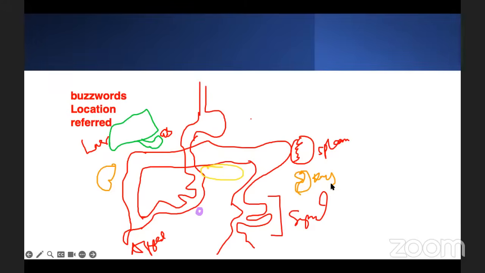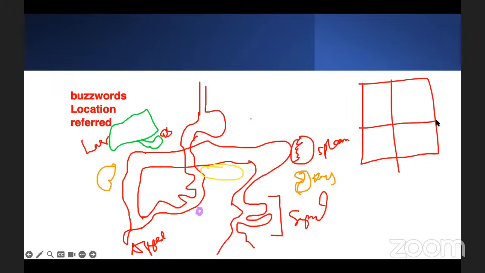If I have an acute problem with any of them, you will be able to figure out what the problem is, right? So picture this in your head. I want you to picture it. You can draw it in box form and divide the abdomen into four quadrants.